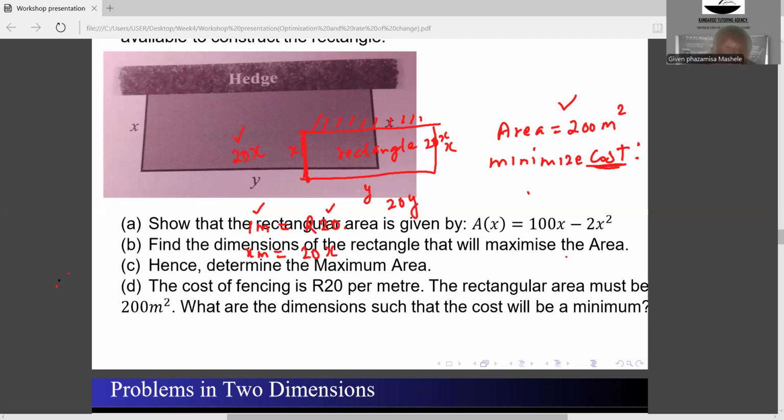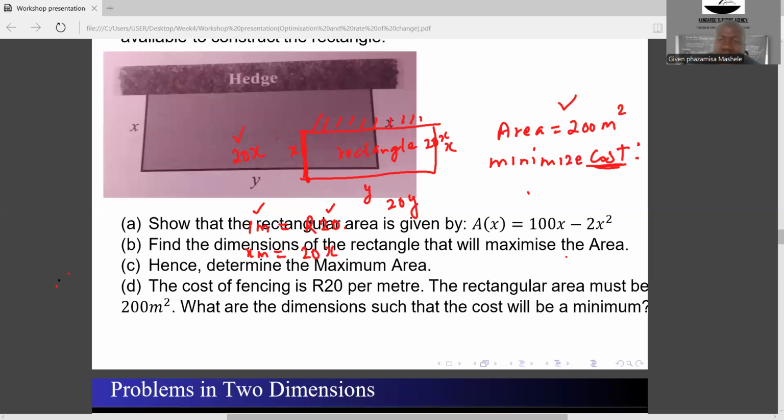Because if from here to here was 25 meters, just as an example, obviously we know 1 meter costs us 20 rand, so it will be 25 times 20, which is 500. But since we do not know the dimension, we'll say it will cost us 20x rands.